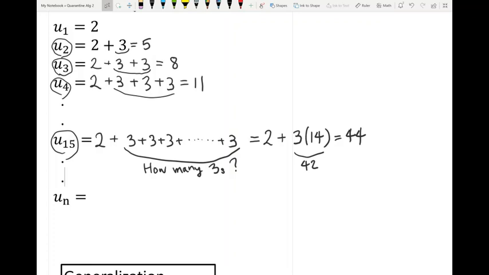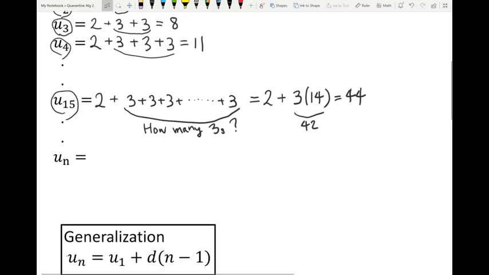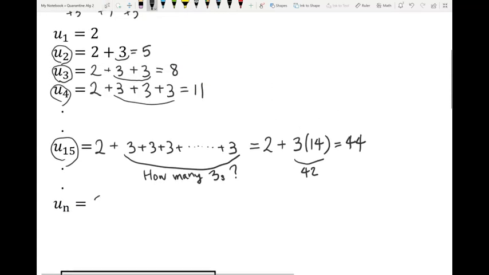So let's generalize the rule here for this particular sequence. To find out the nth term of the sequence, first, you need the first term, which is 2. And then you need a bunch of 3's. How many 3's do you need?